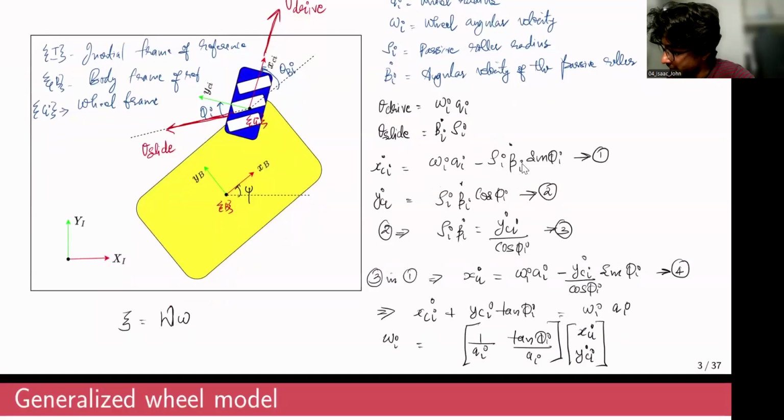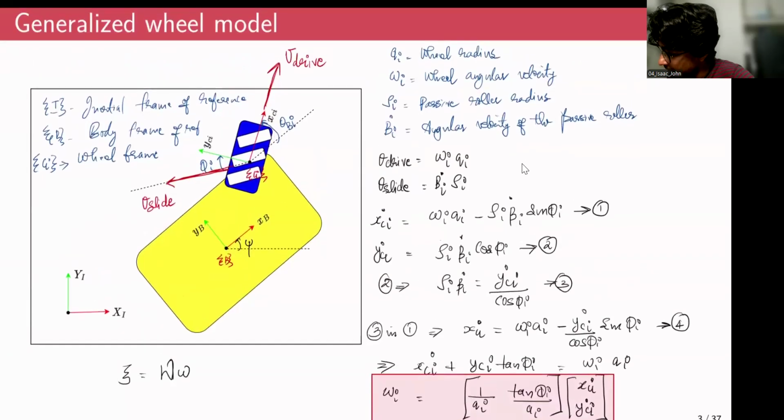I'll put this in a box and call this equation 5, because if you expand this matrix, you will get the previous relationship.